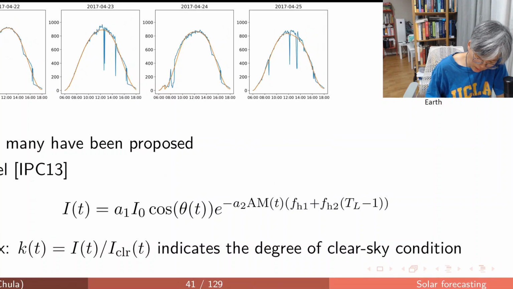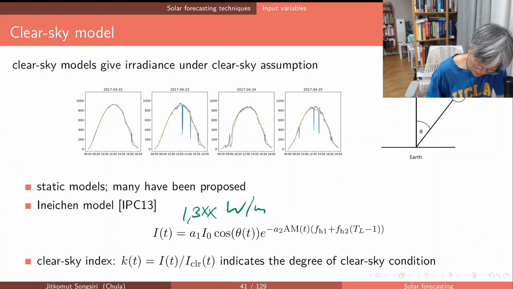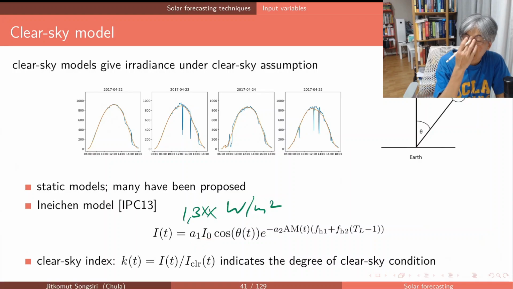It says that you have the irradiance constant. So I0 is a constant, something like 1300 watts per meter square. This is the solar irradiance you assume at the outside of the atmosphere.